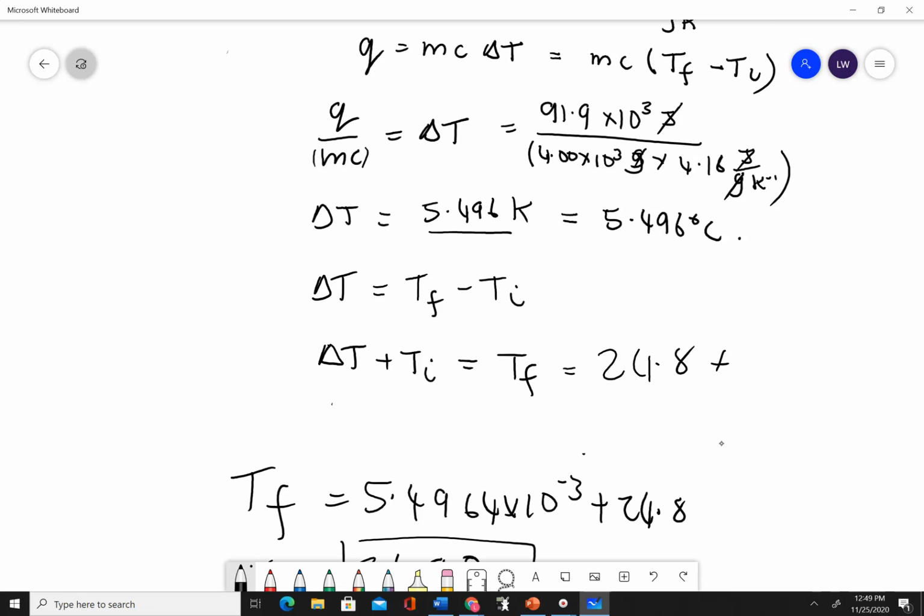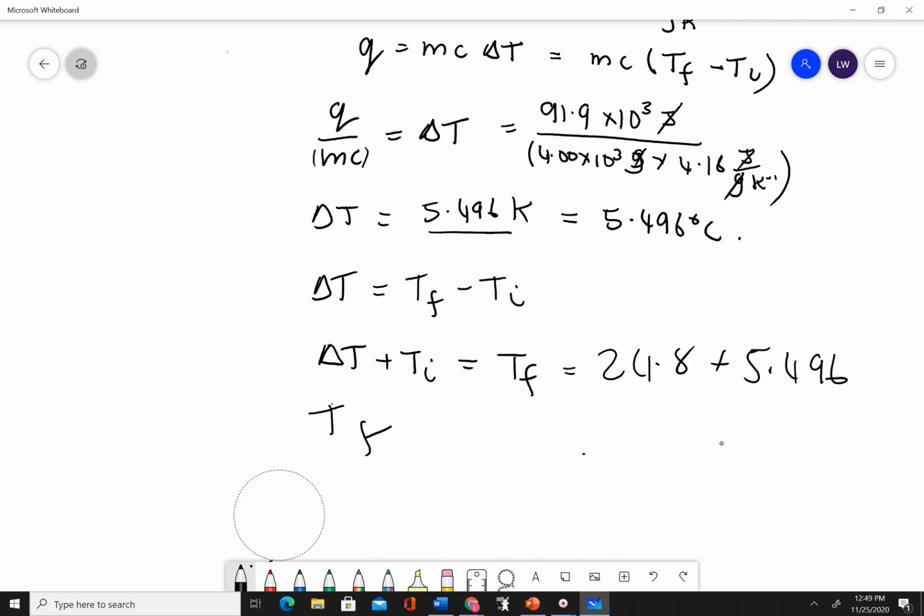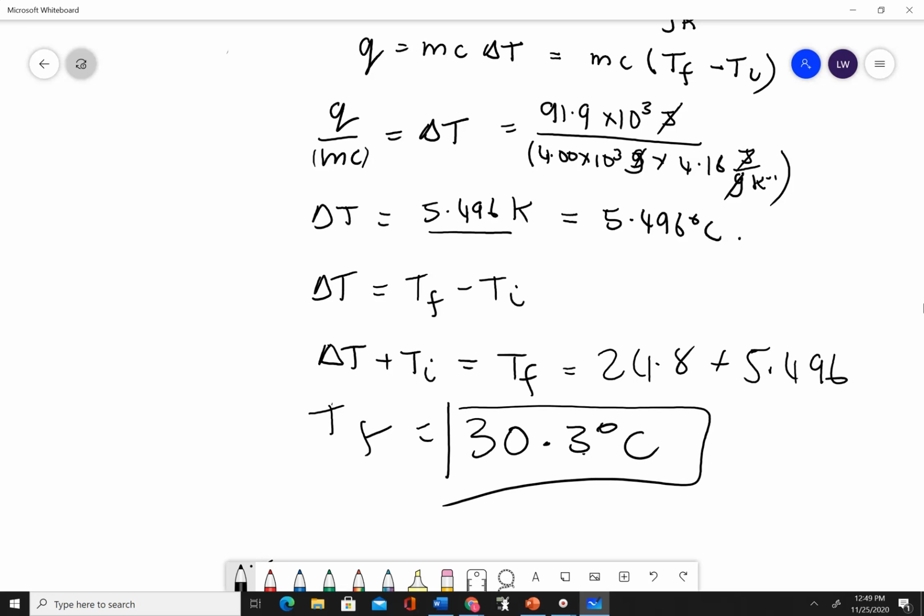And then our delta T was 5.496. So if we add those two together, our T final ends up being 30.3 degrees Celsius. So it goes up by about 5 degrees.